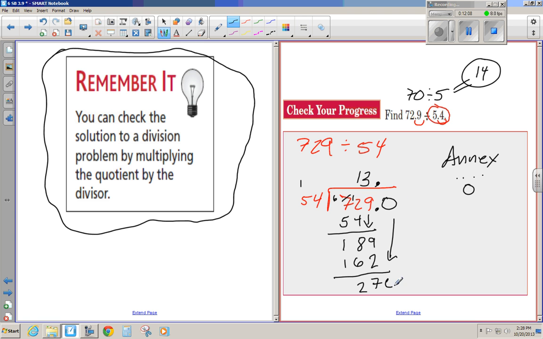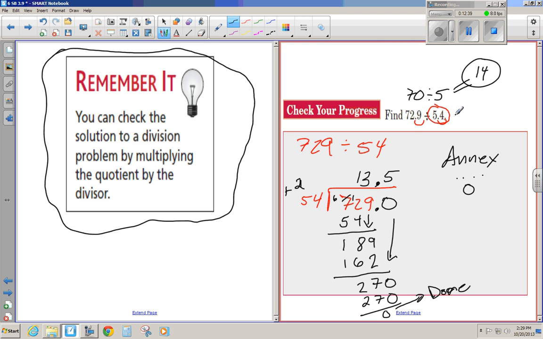Drop down the 0. Going to say 5, because I know 5 times 5 is 25, so I'm going to guess that 5 is the right one. And then we multiply. 5 times 4 is 20. 5 times 5 is 25, plus 2. You get a 0, so we are done.